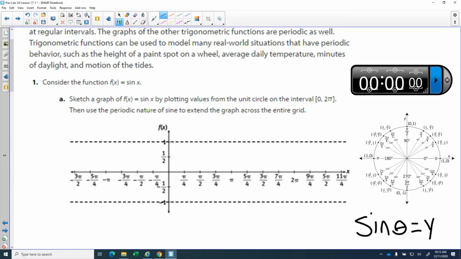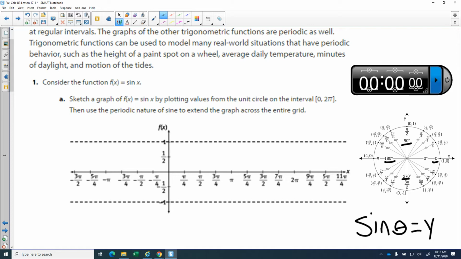The other thing we talked about in class is that when I'm focusing on graphing, there are coordinates I really want to focus on. For example, my main values around here, basically 0, 90, 180, and 270. The reason I want to focus on those is because they give me nice values to graph that I can follow along with.